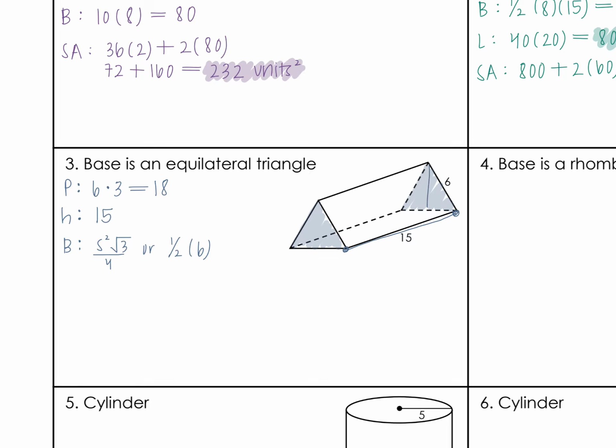Well, here, if I draw my height, my altitude, it should cut in half that base to get a side length of 3. And so I'm going to redraw this with my 6, my 3. We also know that this is going to be a 60-degree angle.